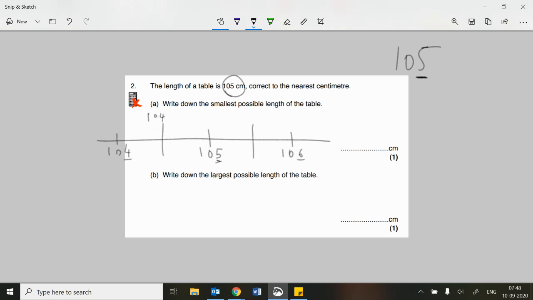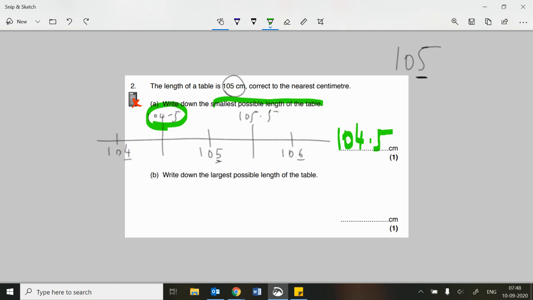So I'm going to go 104.5 and 105.5. And in this case, the smallest possible length of the table is 104.5. So we can just put that down because 104.5 is the smallest number which will still round up to 105. If you go less than that, it will round down to 104.